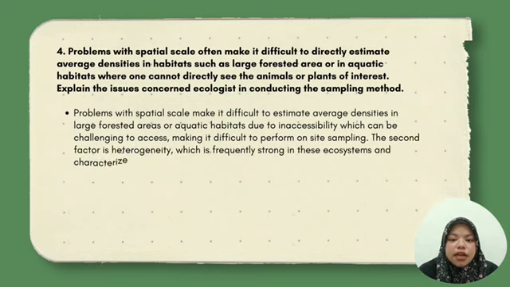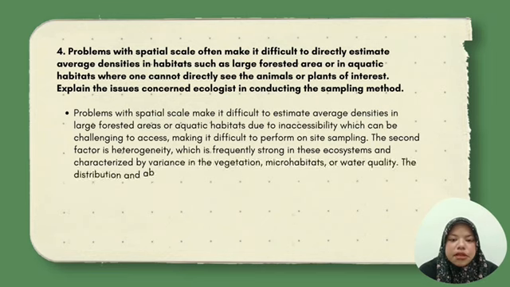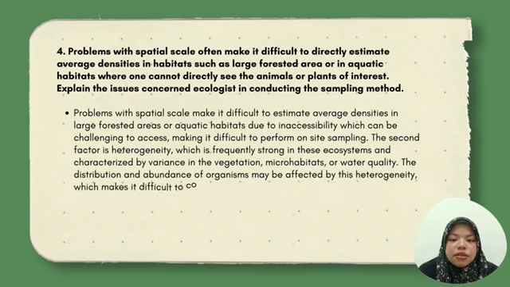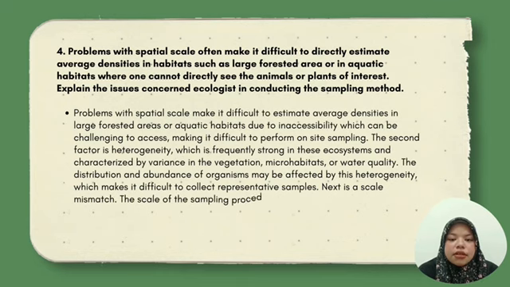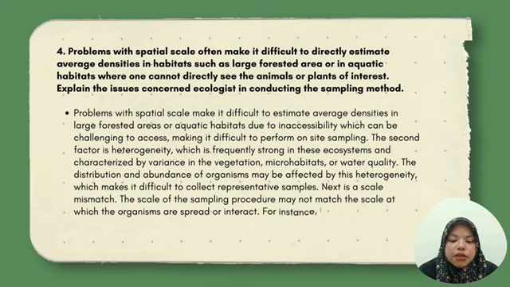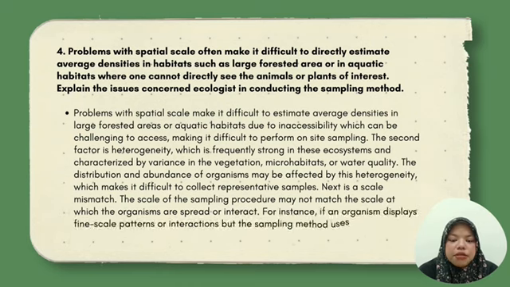Next is a scale mismatch. The scale of the sampling procedure may not match the scale at which the organisms are spread or interact. For instance, if an organism displays fine-scale patterns or interactions but the sampling method uses a wider scale, the samples may not be accurately captured.